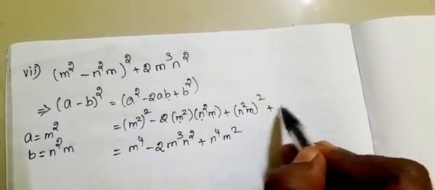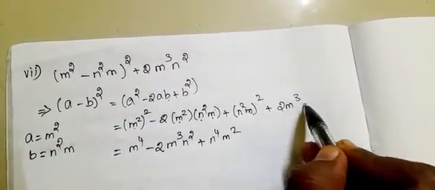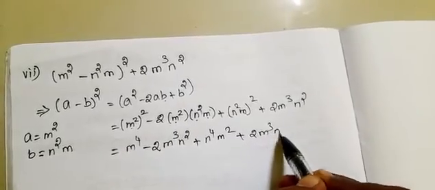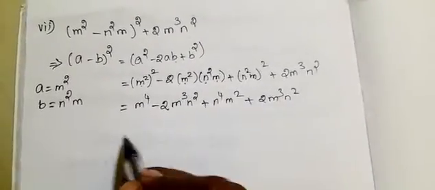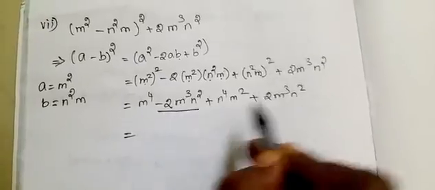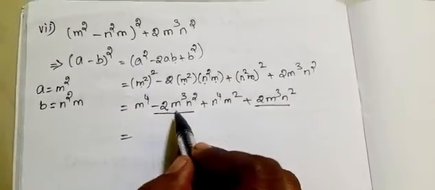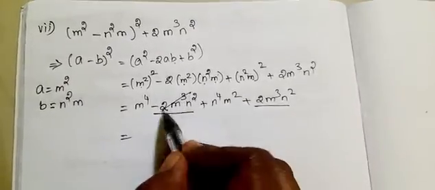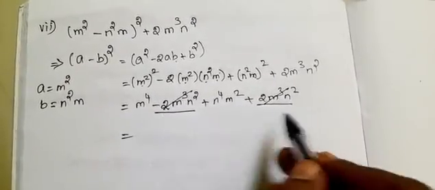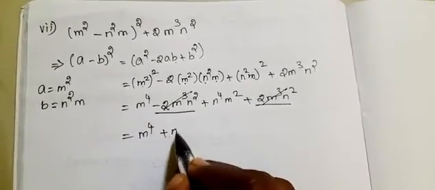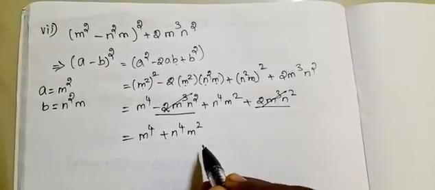That term we can add now: 2m power 3 n power 2 plus 2m power 3 n power 2. Now let us simplify it. Plus m power 3 n power 2 minus m power 3 n power 2 are like terms, and both terms will become 0. So the remaining is m power 4 plus n power 4 m power 2.